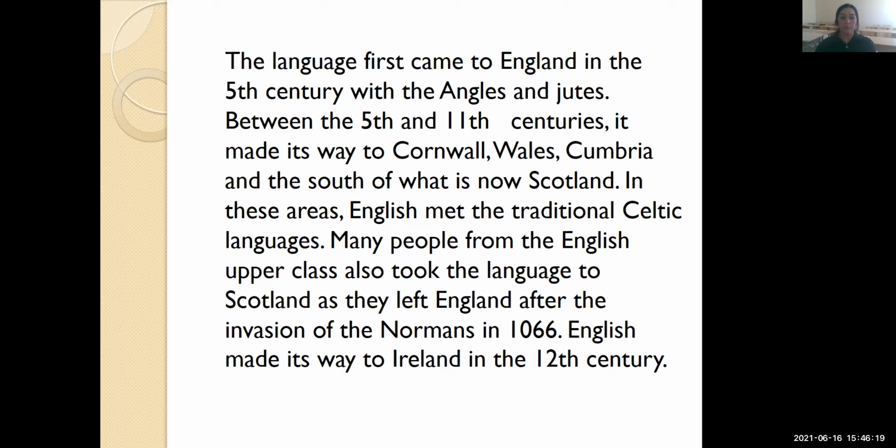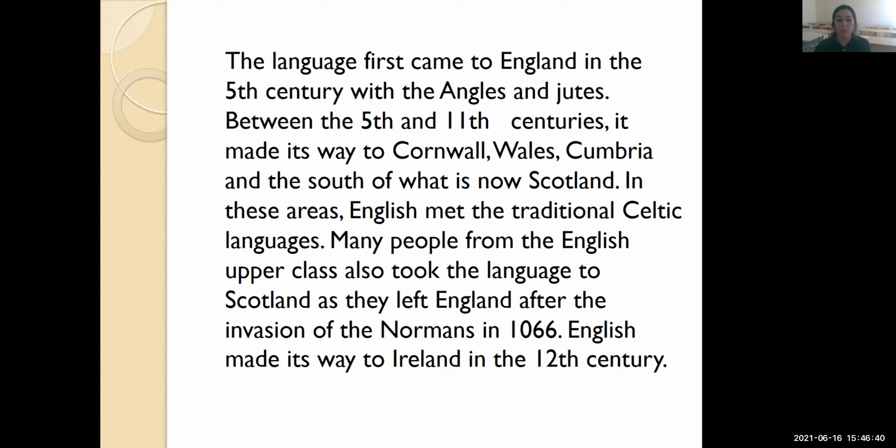So, the language first came to England in the 5th century with the Angles and Jutes. Between the 5th and the 11th centuries, it made its way to Cornwall, Wales, Cumbria, and the south of what is now Scotland.